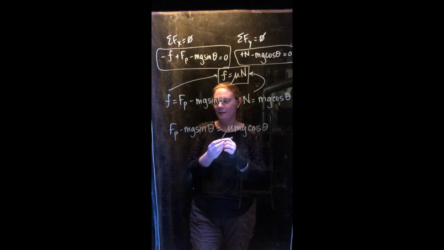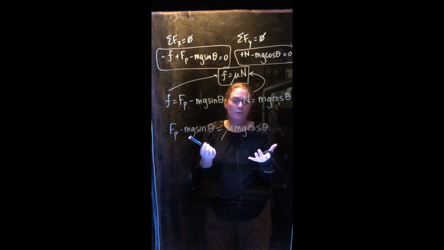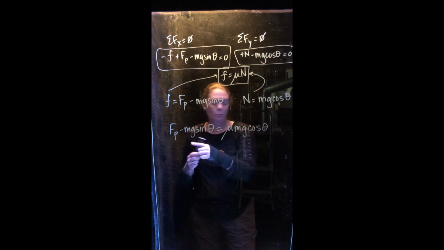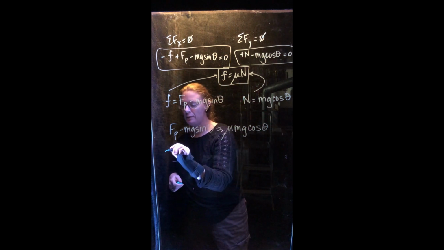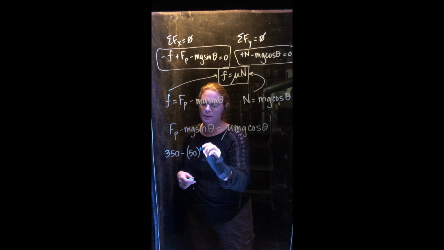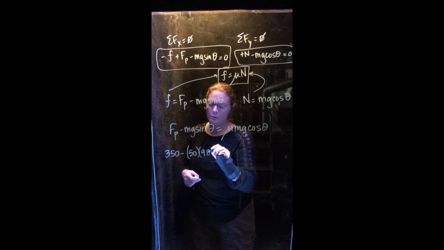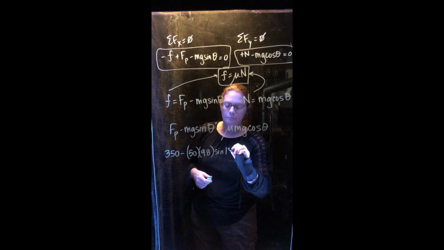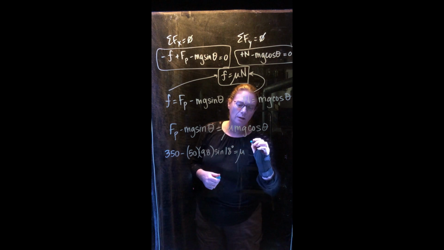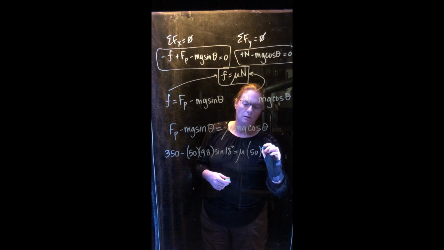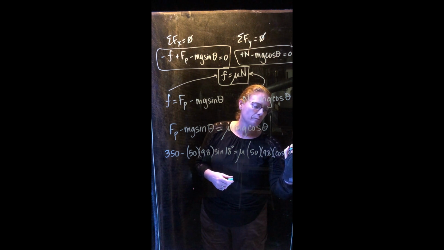So what do we have? This time I'm going to just put the numbers in at this step, just because that's helpful for some people. So the pushing force was 350 minus the mass, which was 50 kilograms, times gravity, just the number, remember, sine of the angle, 18, equals mu times mass, 50, gravity, 9.8, cosine of 18.